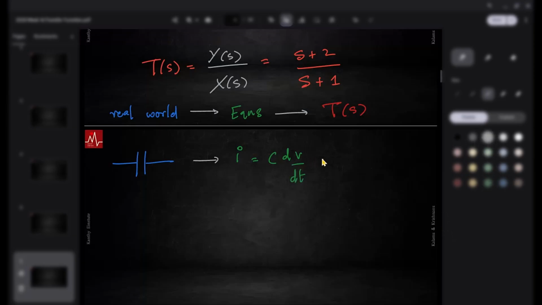And that becomes typically, notice, you could think of ratios between V(s) and I(s), voltage by current, V(s) by I(s). How much is this? This is sV here, this is I here. So 1 by sC.